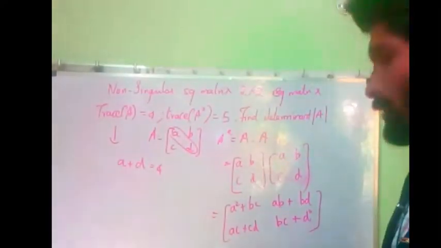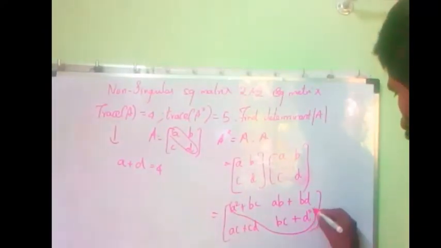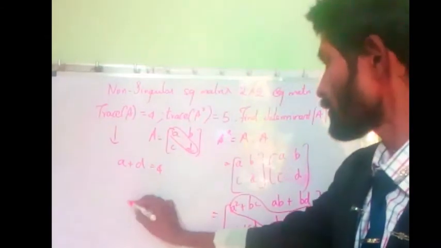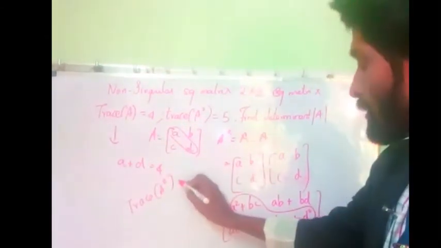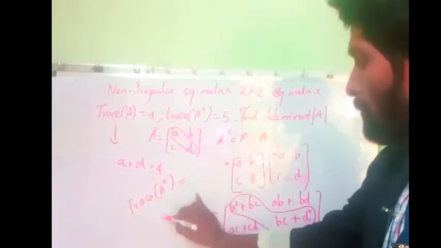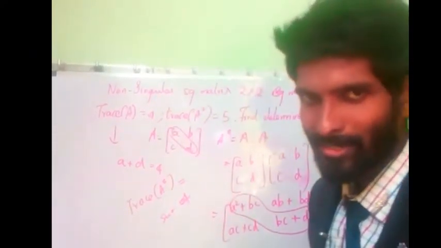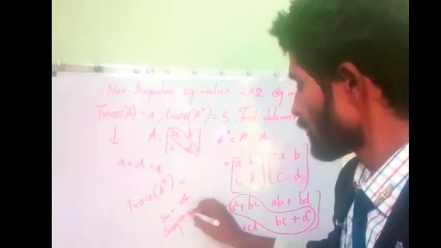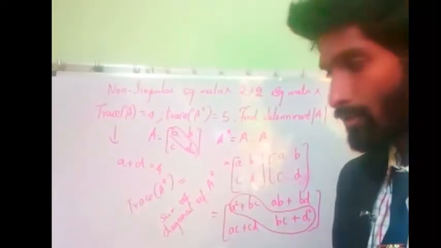What is the diagonal here? This is the diagonal. So trace of A square is equal to the sum of the diagonal of A square. Just for understanding, it's written here.